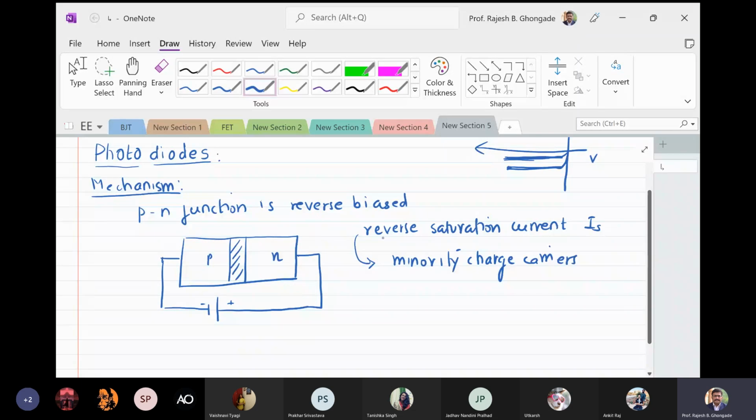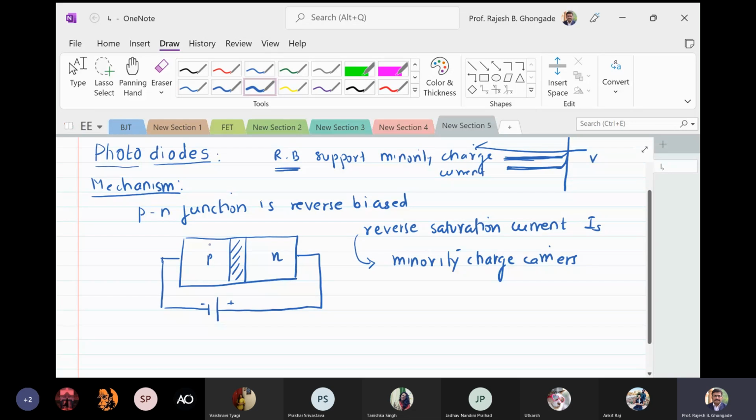Because we already know one thing, that reverse bias will support minority charge carrier current. Okay, so reverse bias actually enhances or supports minority charge carriers.